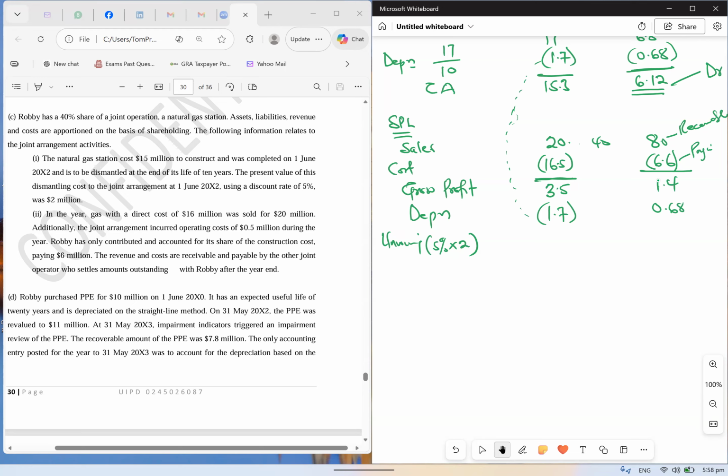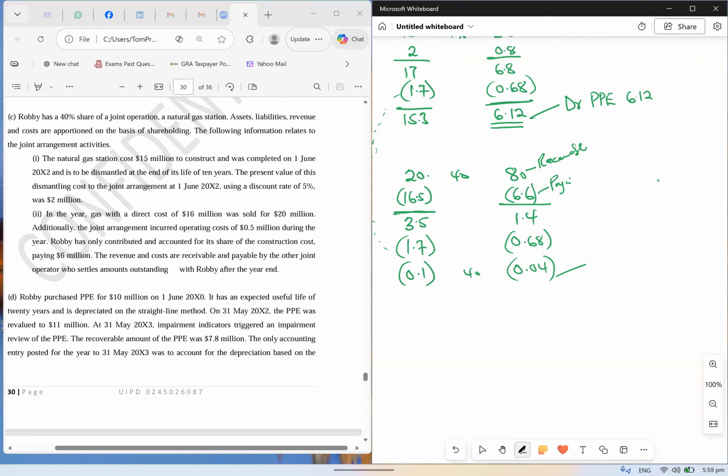Unwinding is 0.1. So what is 40% of that? 0.04. That is unwinding. Please, unwinding is going to your CL and also affecting your retained earnings. That is how it works.